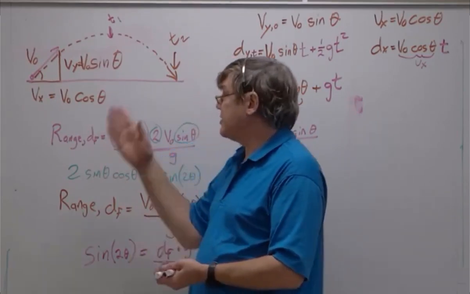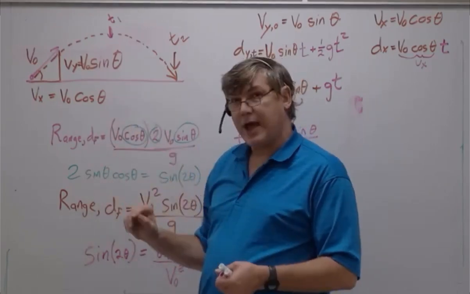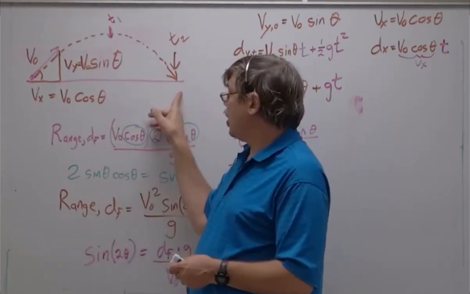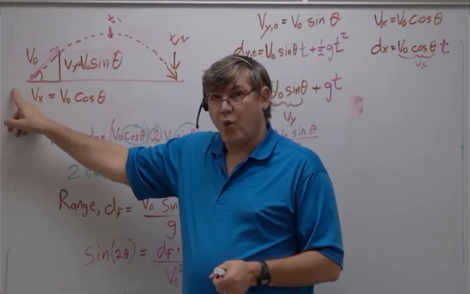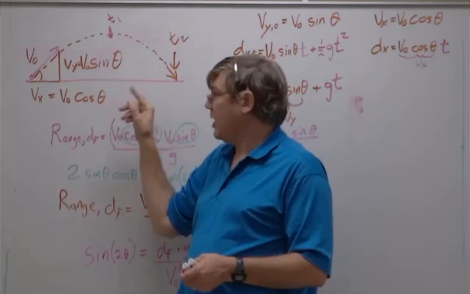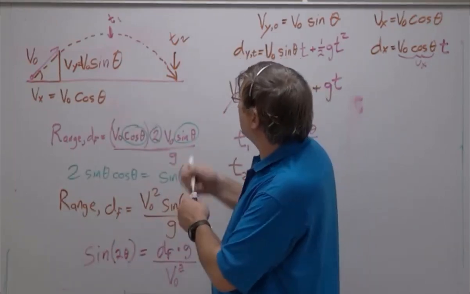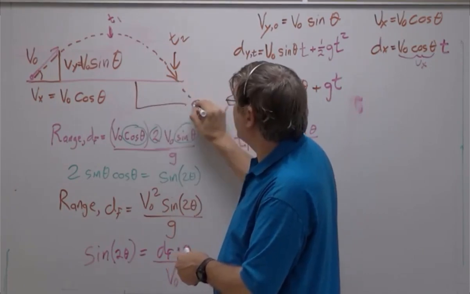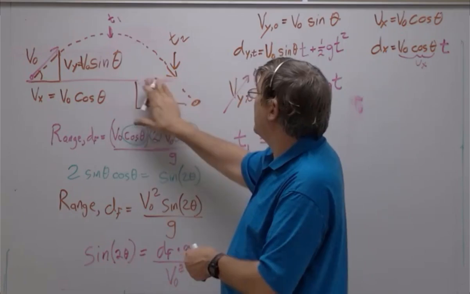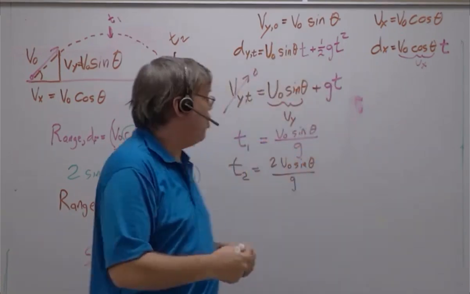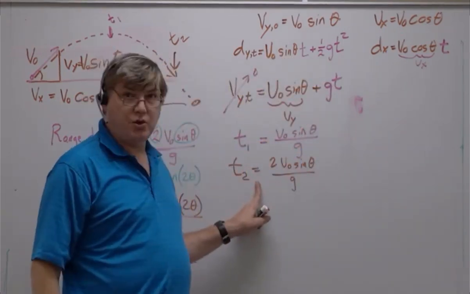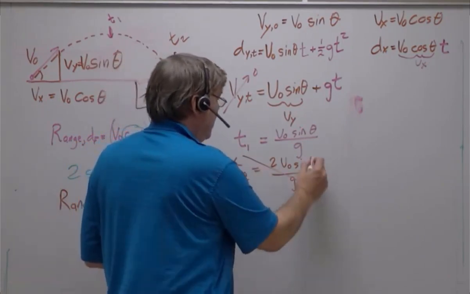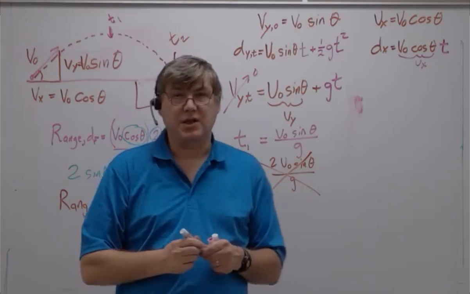And now this is, of course, only true, and these range calculations are only true when we're looking at firing from one level to the same level. If we were trying to calculate what would happen after this went off of a cliff and hit down here somewhere, then we would need to ignore this T2. It would no longer be valid, okay, because it's no longer twice the time.